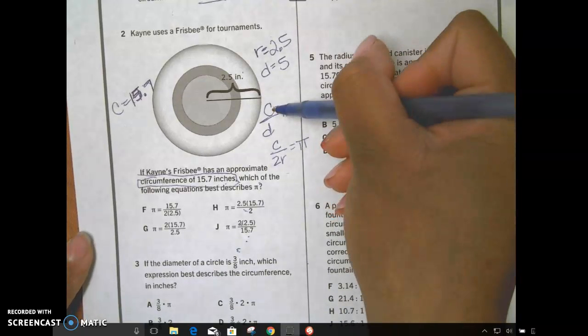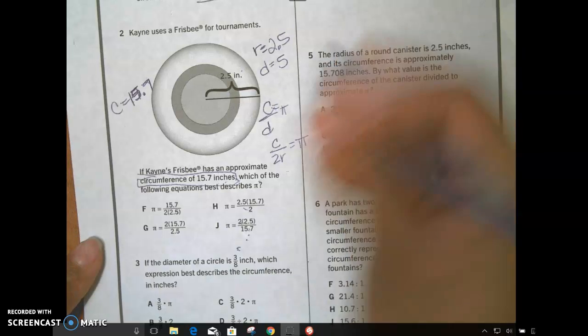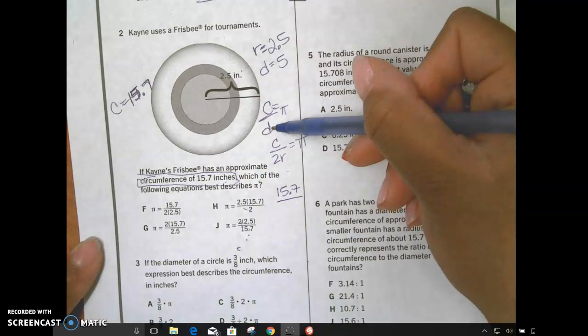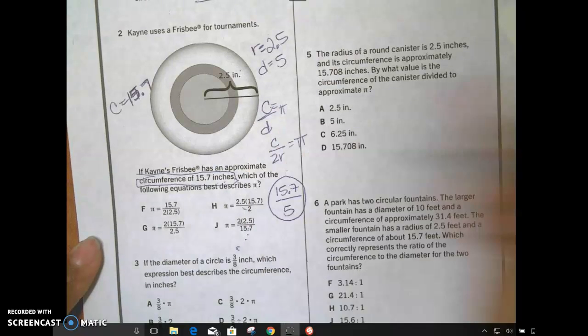So, the first one, what is C? So I'm going to rewrite it. 15.7 over D. What is D? 5. This is one option.